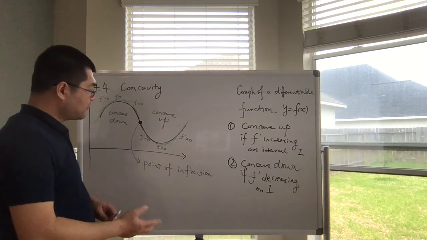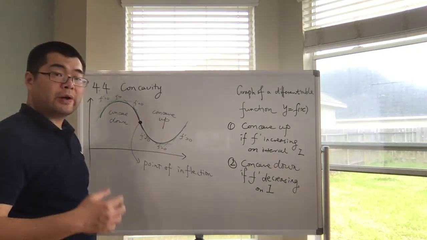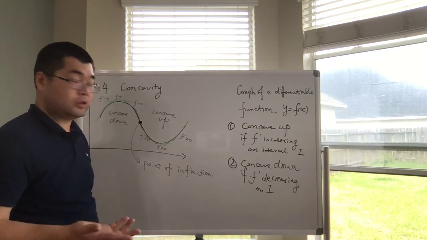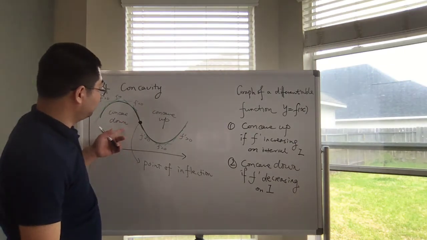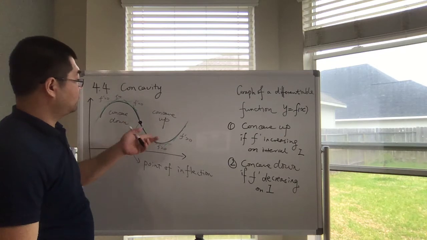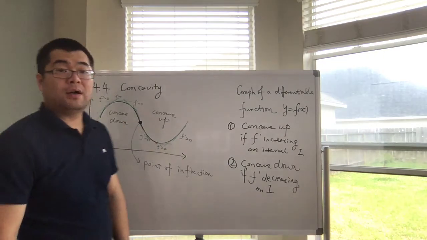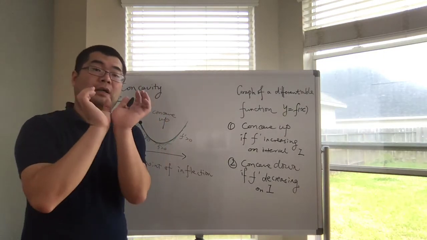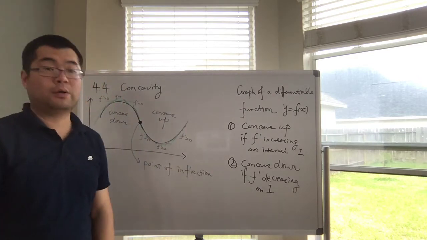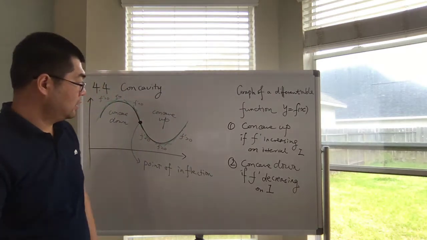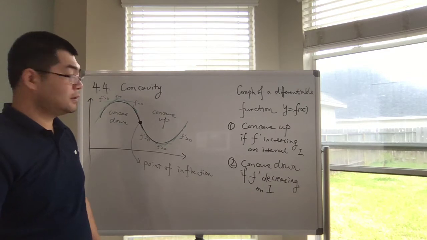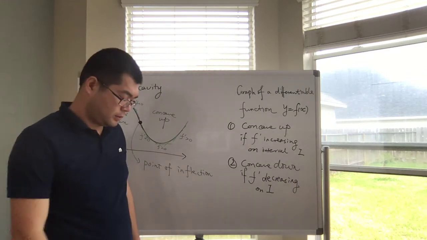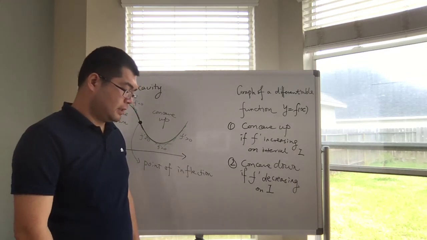And the definition of the point of inflection is where the concavity changes. It can change from concave down to concave up, or from concave up to concave down. If you have concave up and then concave up, then it's not a point of inflection, okay? And so this is about the basic ideas about the concavity.